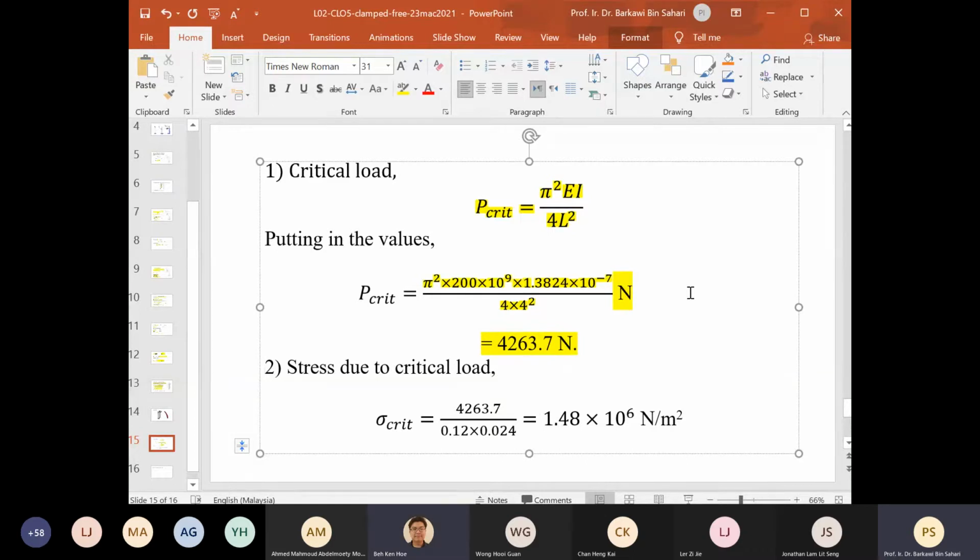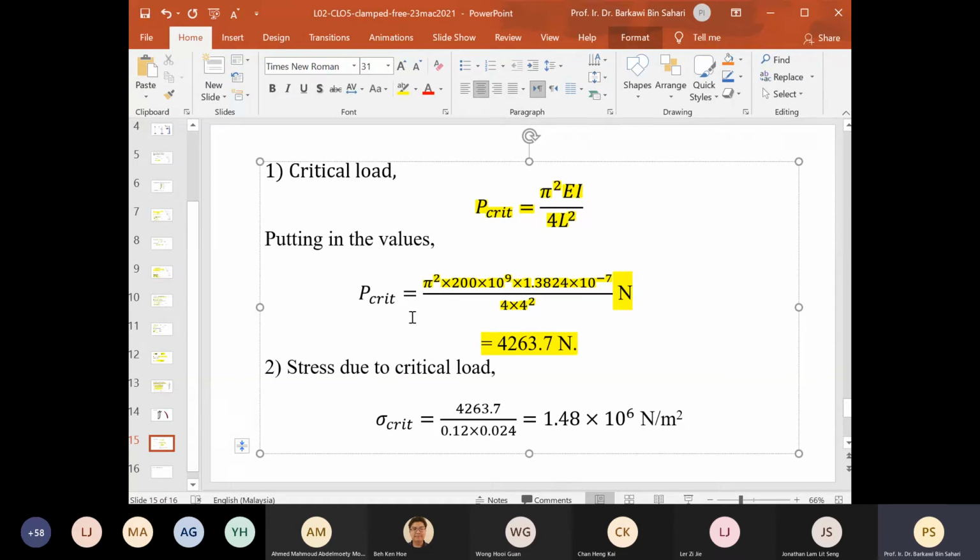Okay, 4263.7 is correct. Is it correct according to your calculator? Yeah, same thing. Okay, so that means I've corrected it before then. I know in one of these lectures, it was calculated wrongly.